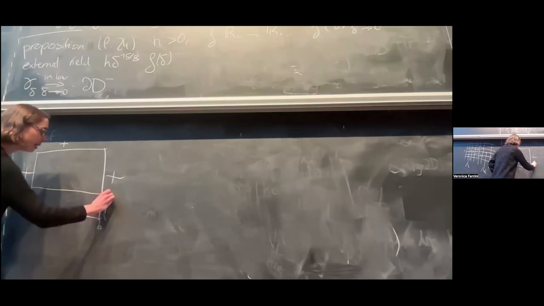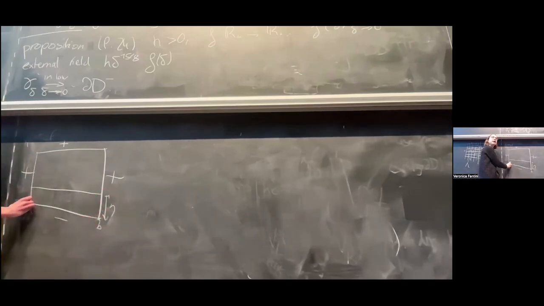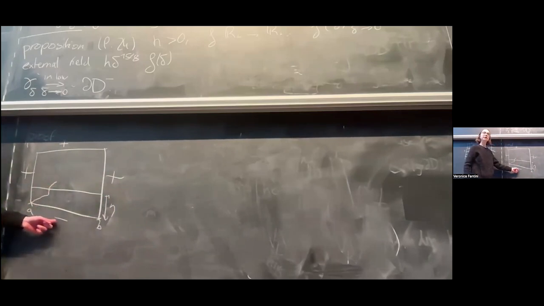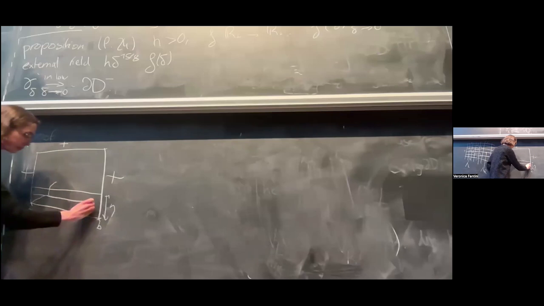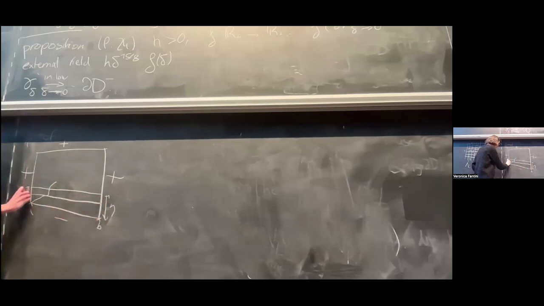What you can try to understand is, okay, what is the probability that the curve exits the η-neighborhood, for arbitrary η, of the minus boundary arc? But now you can divide this small rectangle into two. And basically reaching distance η from the minus boundary is implied by having a crossing here with plus and minus.